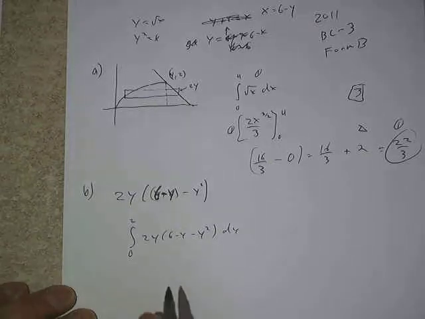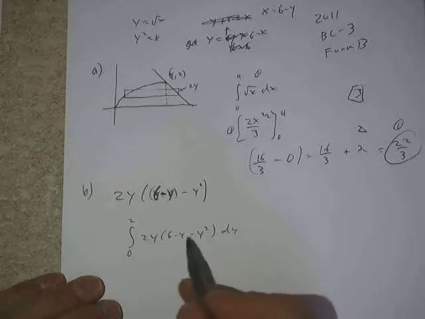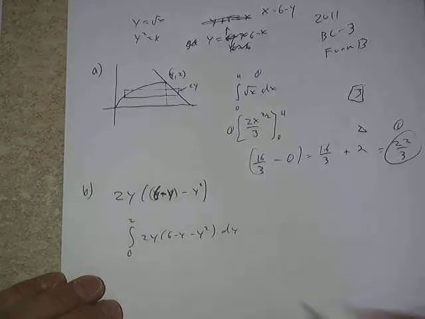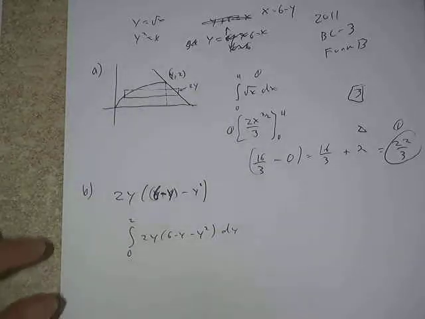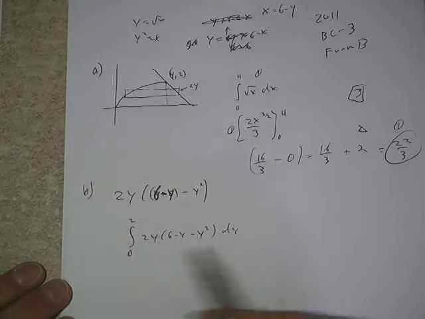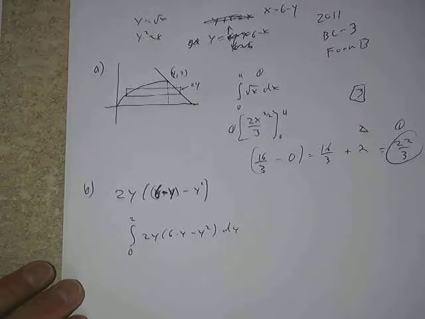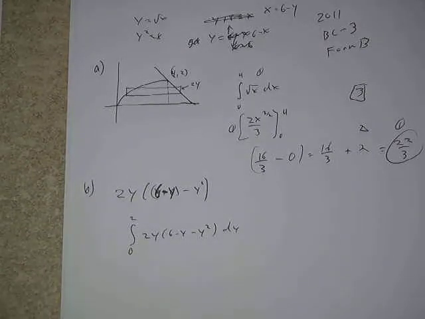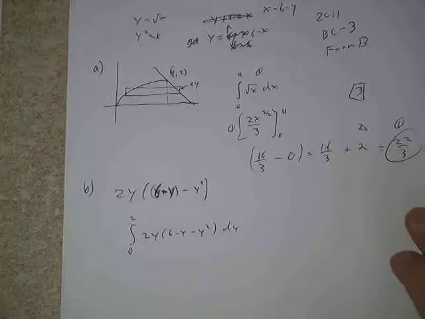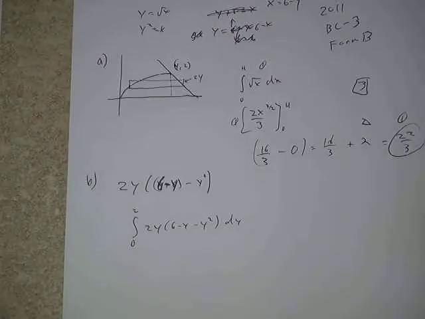There's really no good reason to multiply that out. It's not going to be wrong if you don't multiply it out. And I guess that's it. If you had the integrand right, the 2y and then 6 minus y squared, that's 2 points for that. And then 1 point for the final answer, which ultimately means an integral with 0 and 2 on it. So 3 points total for that part.